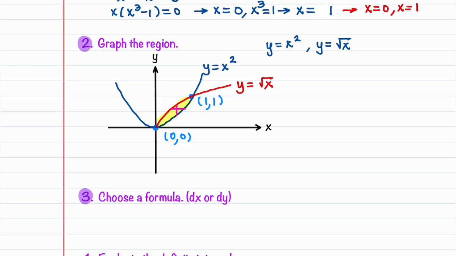I am going to choose to integrate with respect to x because our two curves were written as y is a function of x. Let's write down our formula. Our formula is the area is the integral from a to b of the curve on the top minus the curve on the bottom times dx.